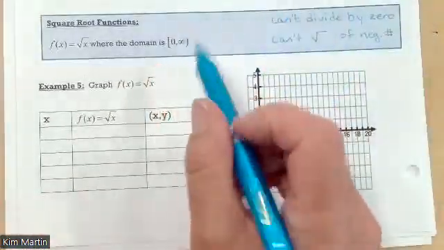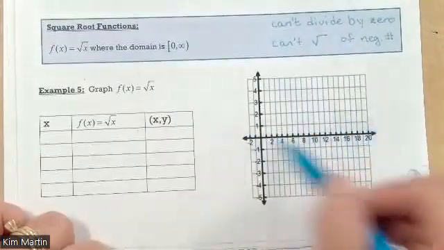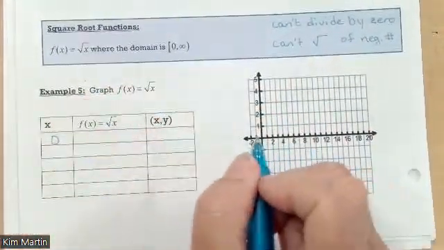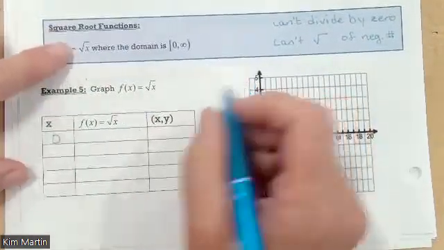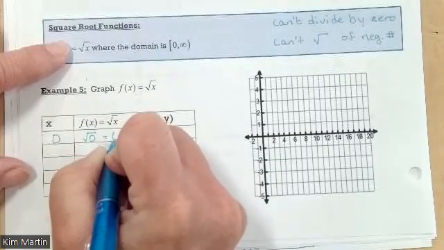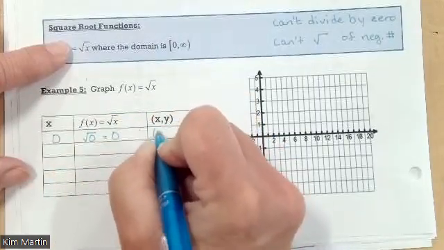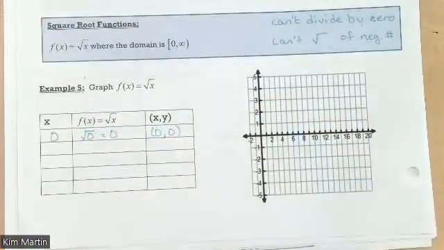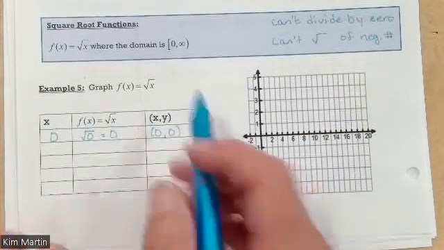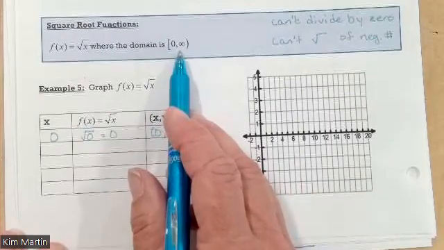Okay, so here's what we're going to do. They give us this graph. Let's first pick 0. And we're going to plug that in. I just did this on my calculator. The square root of 0 is 0. So that is the point 0, 0. Somebody give me my next x value. It's got to be greater than 0 because that's what my domain is telling me.